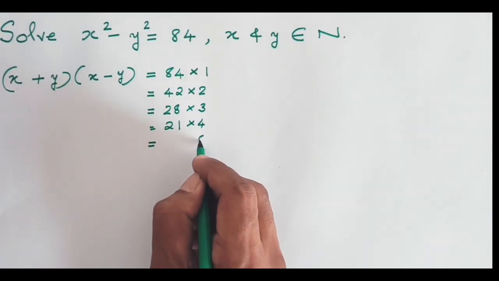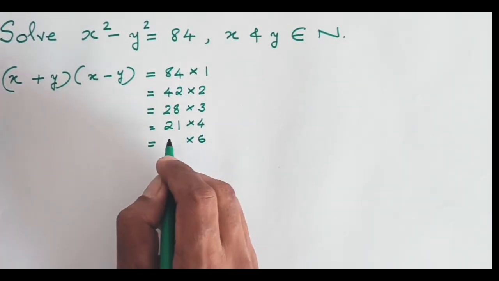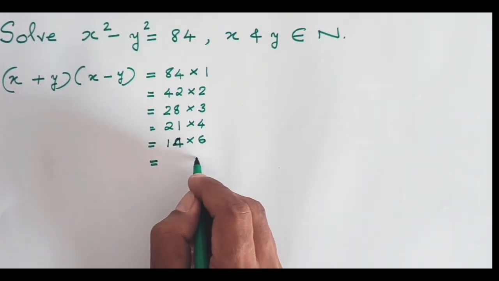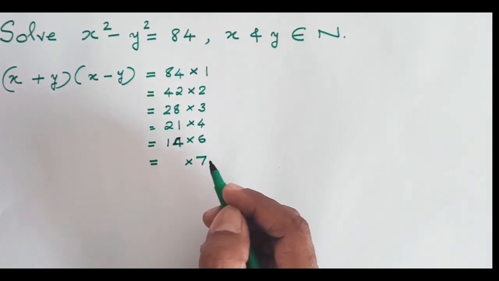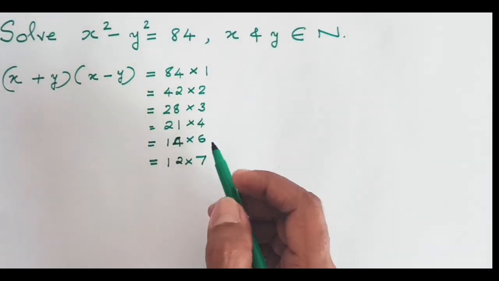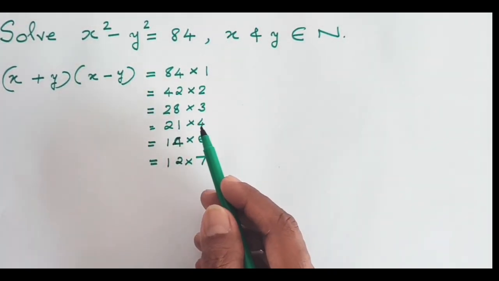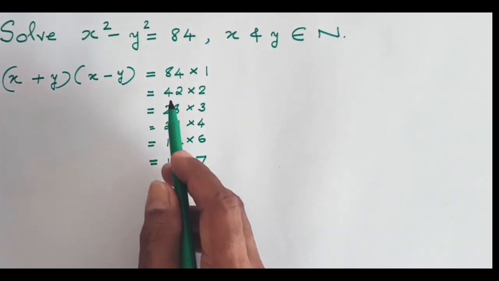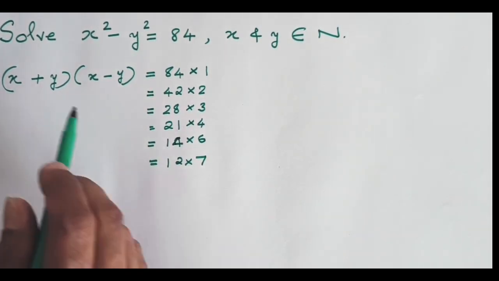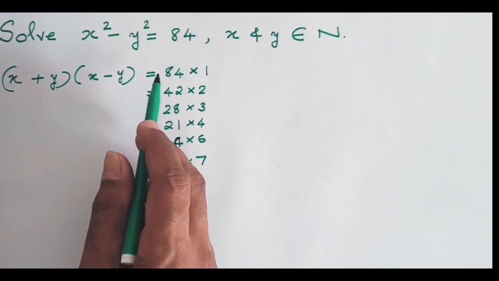Fifth one, 6 multiplied by 14. And there is one more splitting, which is 7 multiplied by 12. So 84 can be split up in 6 different ways as a product of two integers. Now to solve the equation, let's take each one of these splittings.